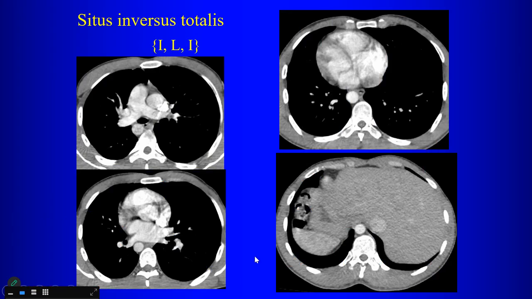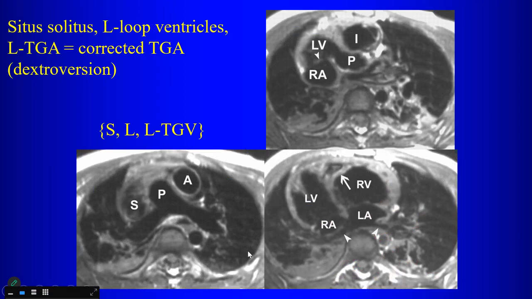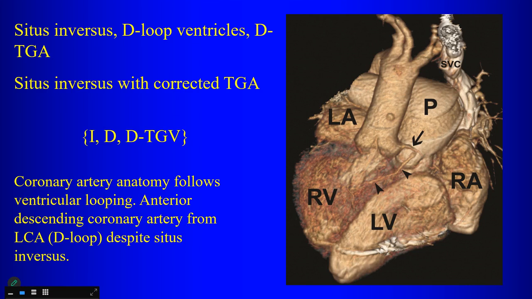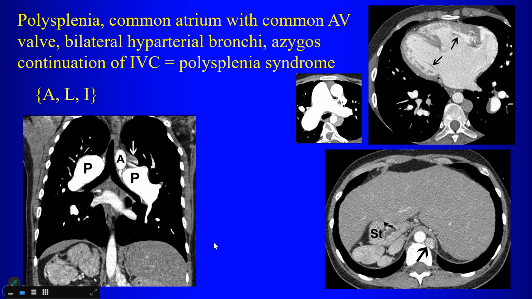So these are all the cases that we've gone through. I'm not going to go through them again, but these were all different things that can give you dextrocardia in adults. The most important way to tell them apart is to go through the exercise that we went through, okay?